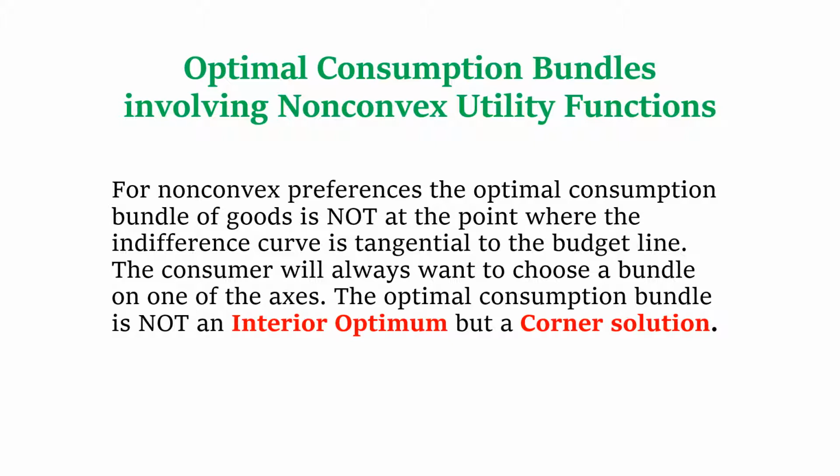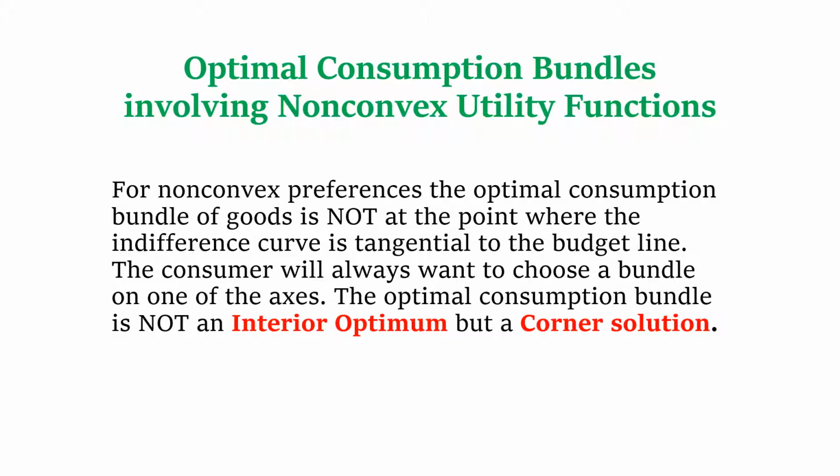Now, for non-convex preferences, they are non-differentiable. So here, we are not going to use calculus to obtain the optimal values. All we need to do here is to set up a particular argument and then use that argument to obtain the optimal values.